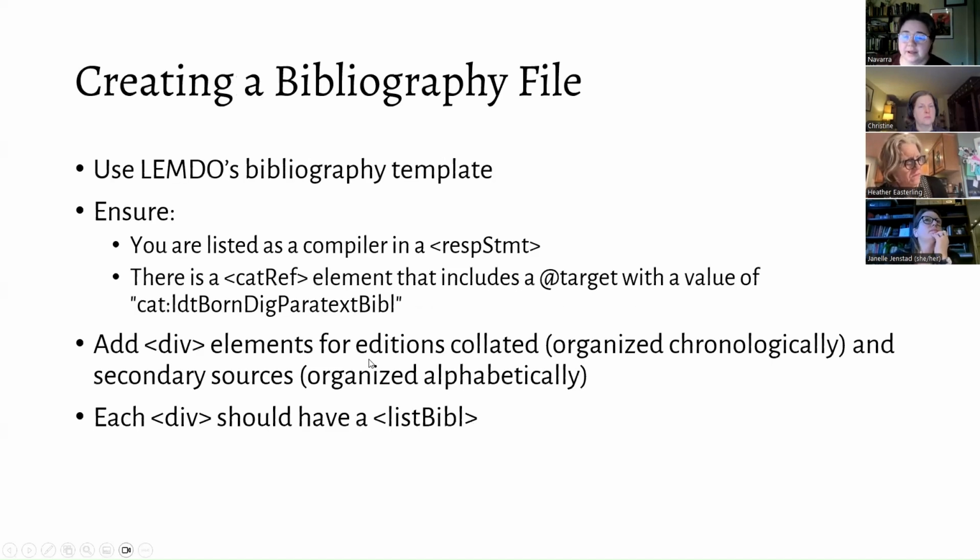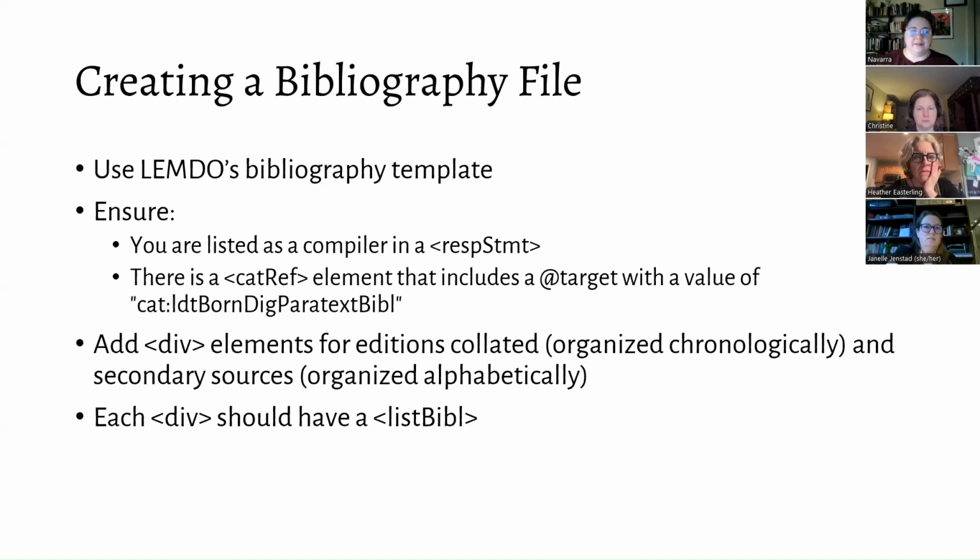We talked about creating a bibliography file using our LEMDO template. You want to make sure you are listed as a compiler in a RESP statement, and that there's a catref element that includes a target that has that LDT born dig paratext bibl value, because that's what makes our processor do what we want it to do.